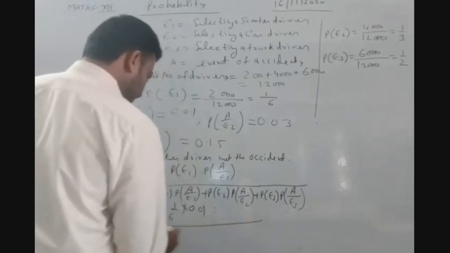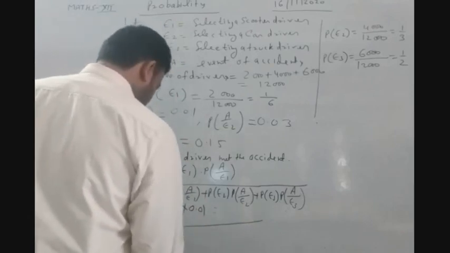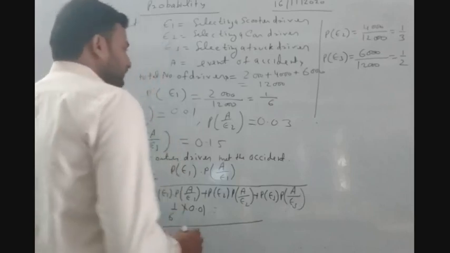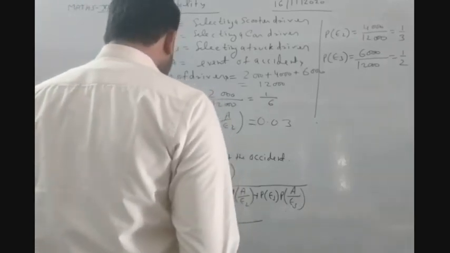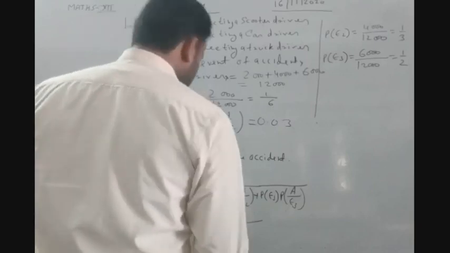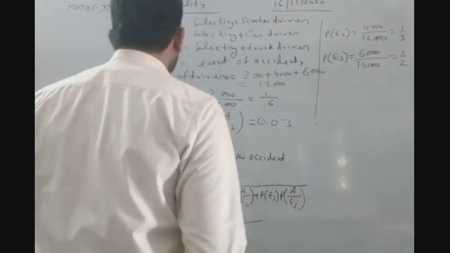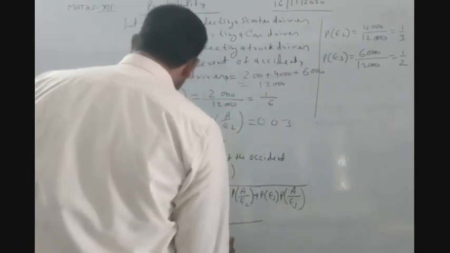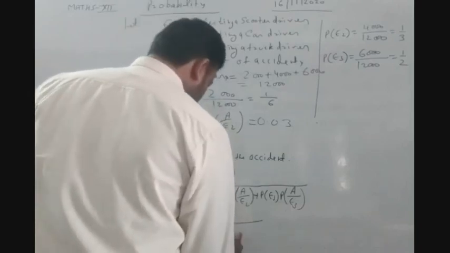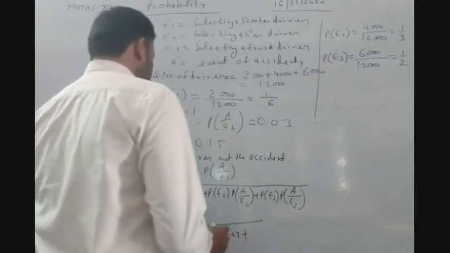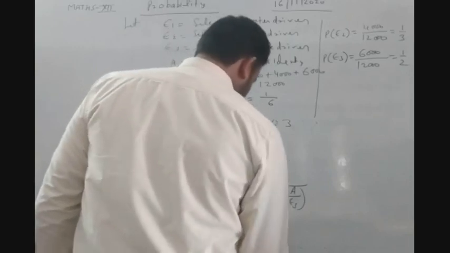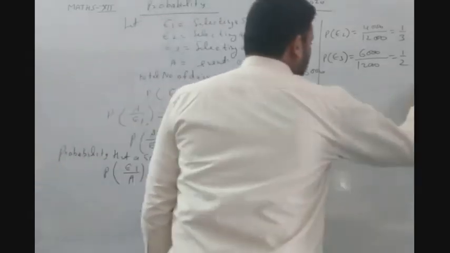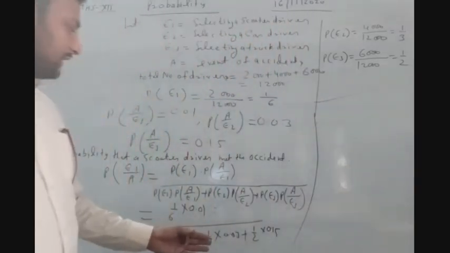And divided by probability of E1 is 1 by 6 into 0.01 plus probability of E2 is 1 by 3 and A by E2 is 0.03 plus probability of E3 is 1 by 2 into 0.15. Now we will further solve it and we get our required result.